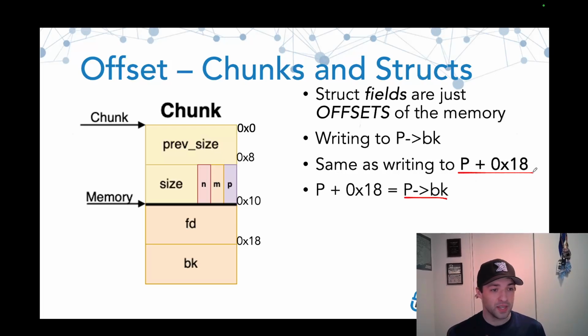That's a really difficult thing to grasp. This is because when we do P of BK, we're saying, hey, we're writing this pointer, but we need to find the BK field. When the compiler actually does this, it's just adding hex 18, but humans like reading fields instead of numerical offsets.